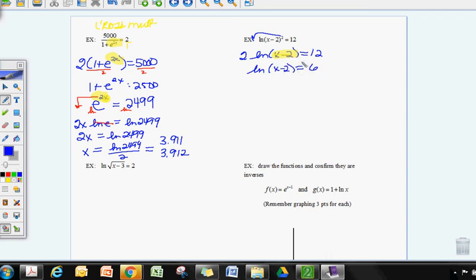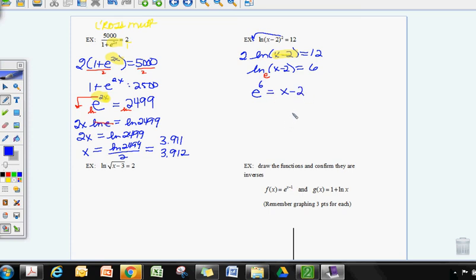But now I need to get that out of that. So how do I do that? I have a natural log. I can't do anything else. Go the other way. Remember, your base is e. I am going to rewrite this as e raised to the 6th power equals x minus 2.